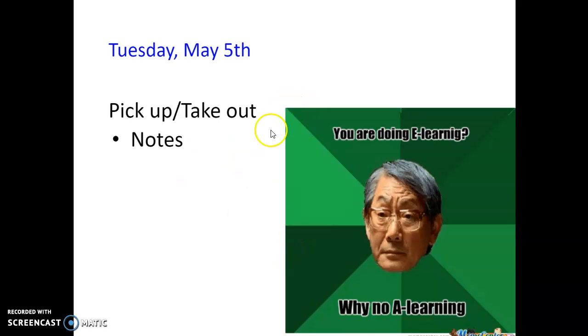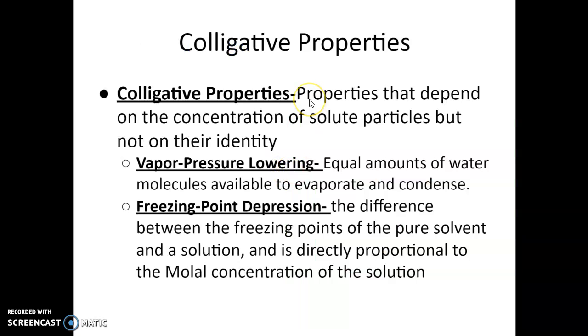So this week, we're going to shift a little bit away from concentration and dilutions, very slightly. Not that we're not going to use that, but we're going to be using it inside the context of something else. What we're moving to is called colligative properties.